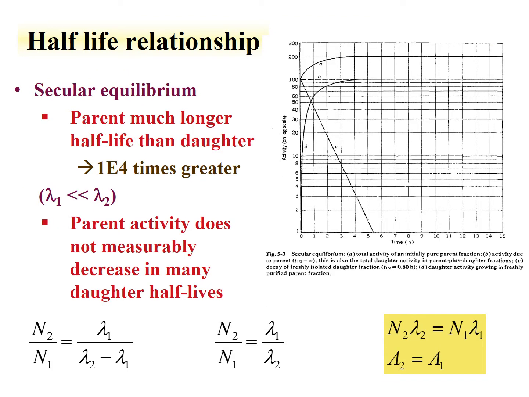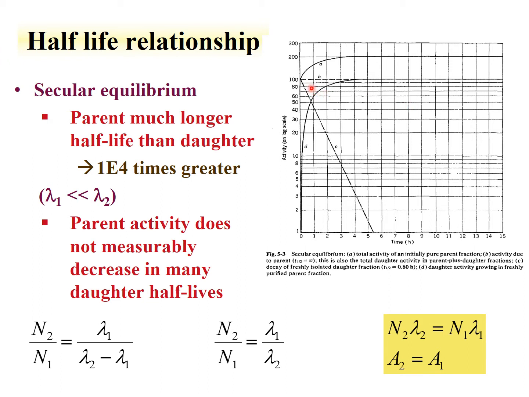Now, imagine we have a condition where the parent is much, much longer lived than the daughter, and generally what this means is that over an observed time frame, the parent activity doesn't change. So imagine you're measuring something that has a half-life of 1,000 years or 10,000 years, and you're measuring it for 100 hours. The amount of change that occurs in that parent won't be observable, but the daughter will grow in.